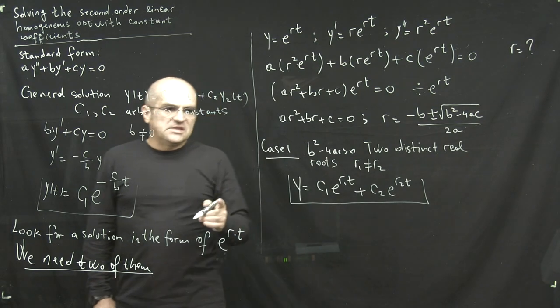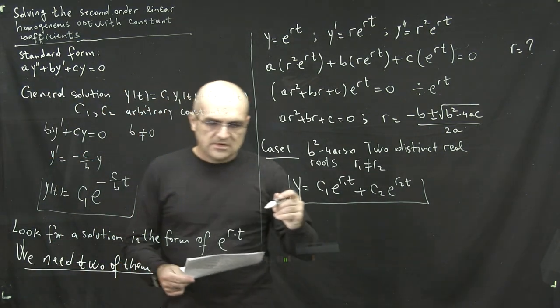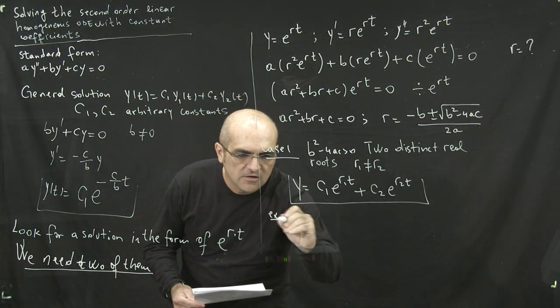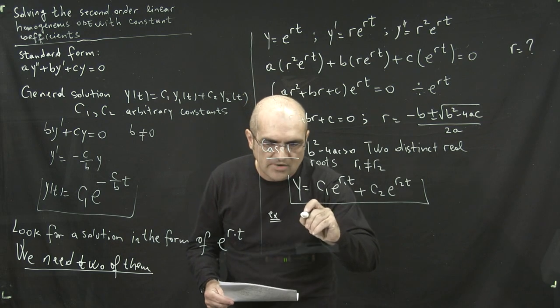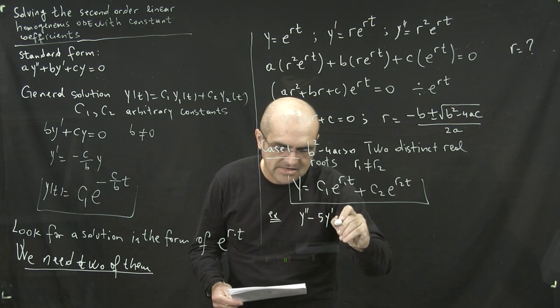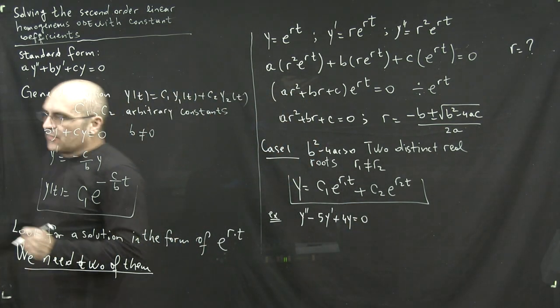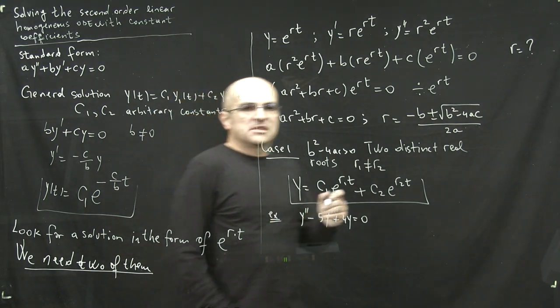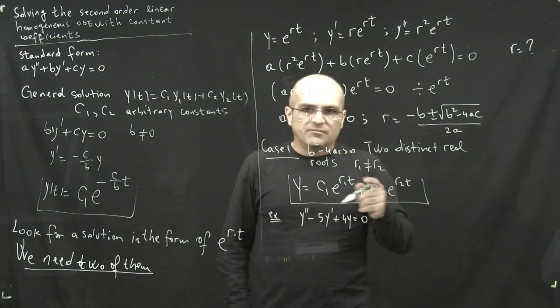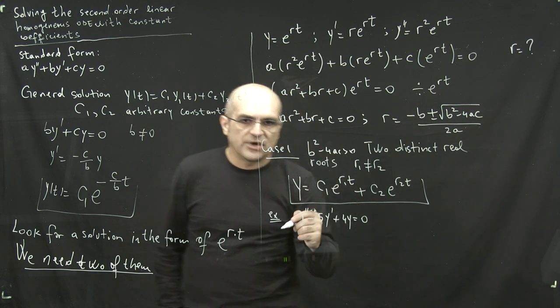So let's write down immediately an example for this case. So suppose my ODE is y double prime minus 5y prime plus 4y equals 0. The equation in r that you write down here is called the characteristic equation.